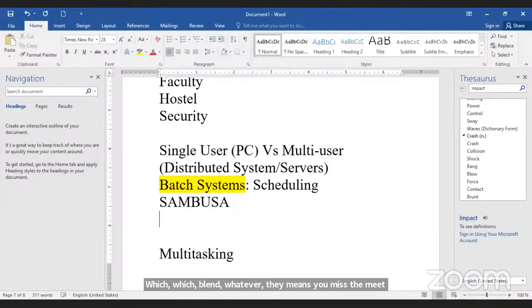Then you take the lentils or those minced meat and put them inside the samosa. You take your samosa, you put it in a frying pan with oil. So it means that we are processing information in batches. It means that the system splits this information into small tasks, so that one task completes, then you start another.